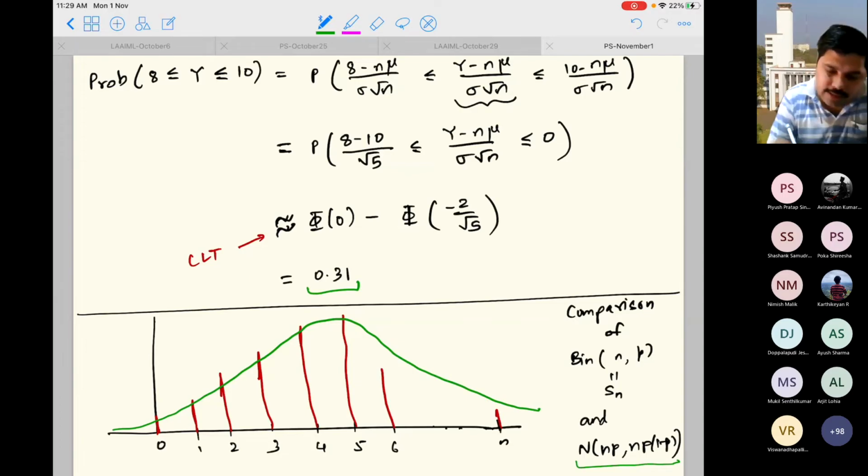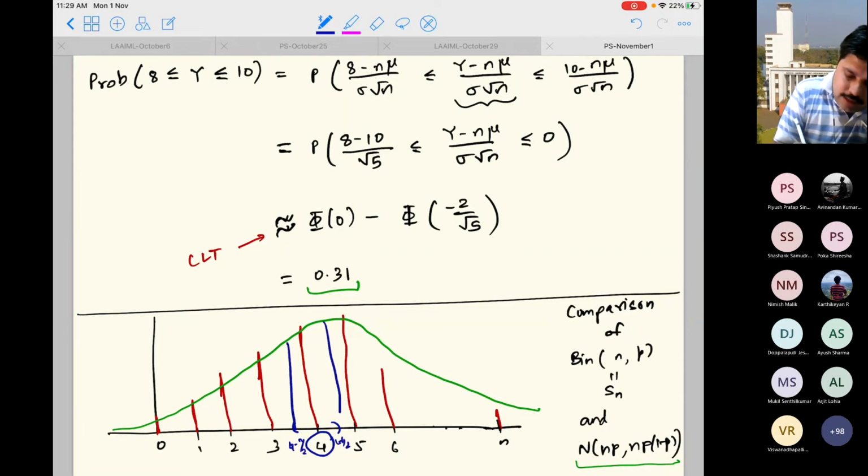Now if I'm interested in calculating the probability that Sn is equal to 4, and I want to approximate it, what I am really going to look at is this small interval, 4 minus half to 4 plus half.